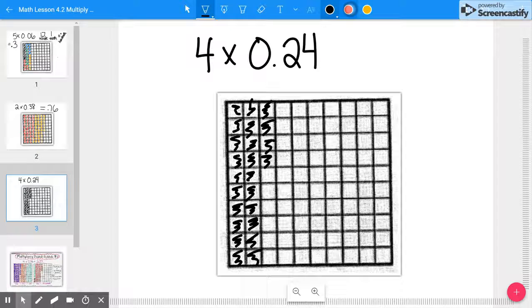And now I need to switch to a new color. 1, 2, 3, and so on up to 24.